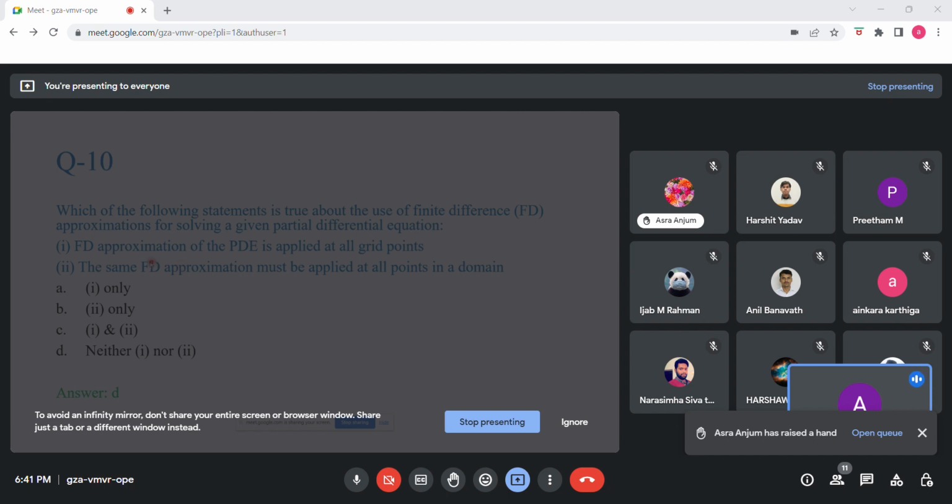Different approximations can be used if it is a complex geometry. So 1 is not true, 2 is also not true. So the answer is neither 1 nor 2 is right.